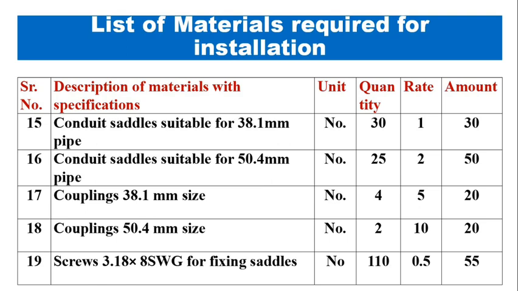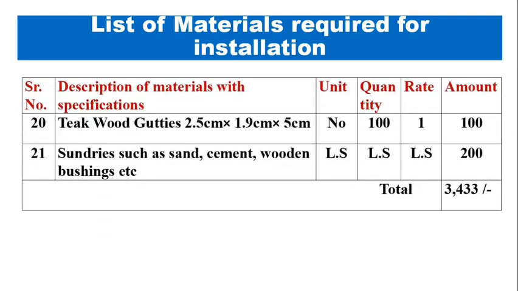Next one is gutties. Teak wood gutties are required, so I have approximately taken 100. Then the last one is sundries, required to fix that installation, such as sand, cement, wooden bushing, insulation tape.